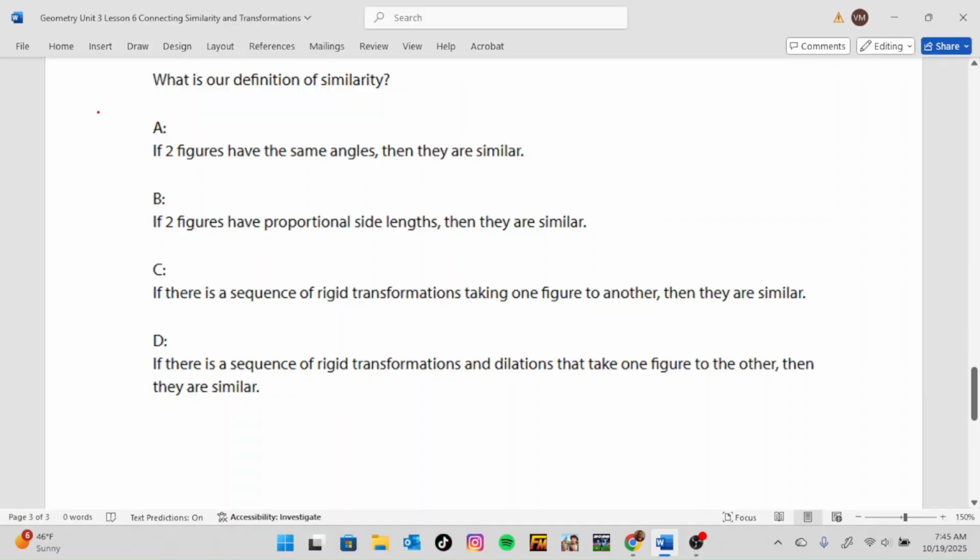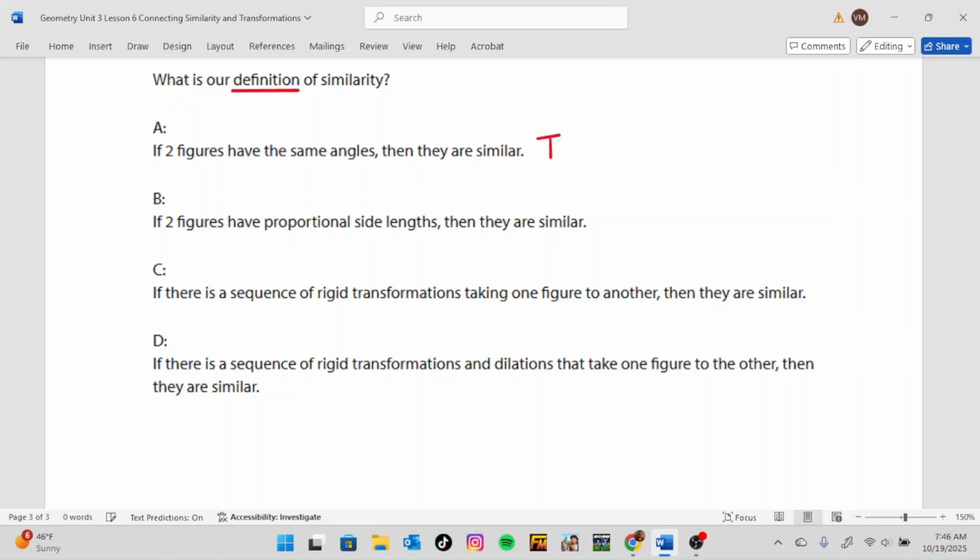Practice problem number 3. What is our definition of similarity? So the important thing here is that we want the definition. A says if two figures have the same angles, then they are similar.